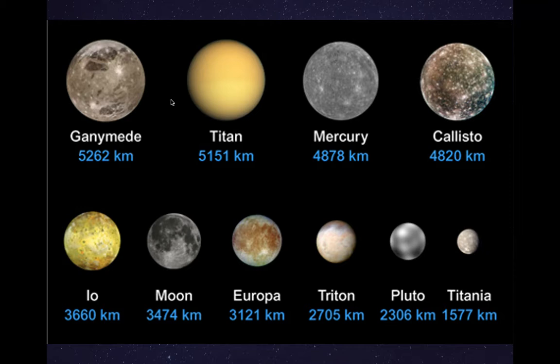Now, Earth has 1 moon, Mars has 2, Jupiter has 60, Mercury and Venus have none. Saturn has 45, Uranus has 27, and Neptune has 13. Now, just because we have these numbers doesn't mean that they can't change, and doesn't mean that that's the actual number, because scientists are always discovering new things.